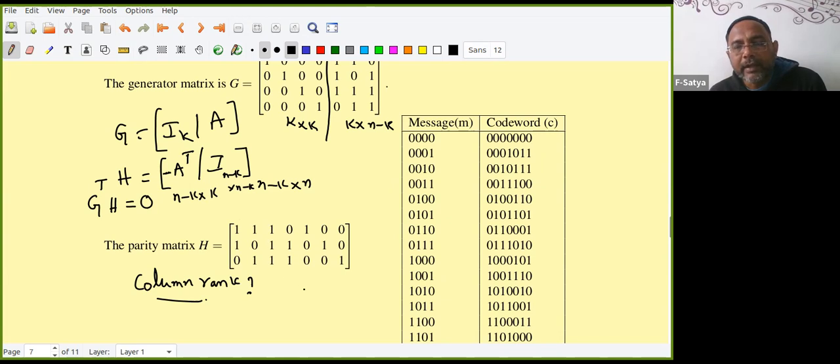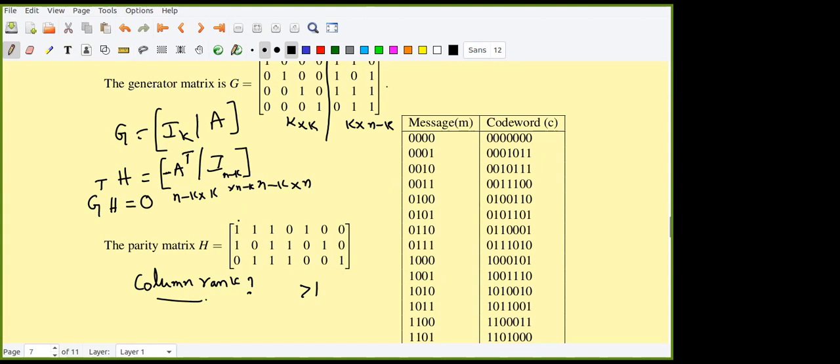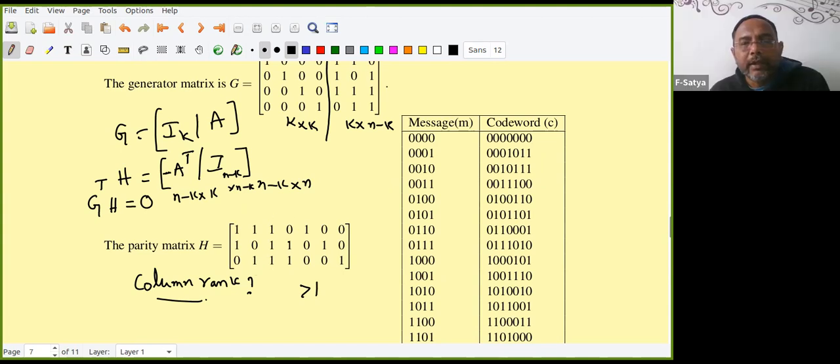Is the column rank greater than 1? Yeah, Mehak. Each vector here is a non-zero vector, right? If they are non-zero, then automatically they are linearly independent. If I take any single column here, it is linearly independent. So the column rank is greater than 1, right?